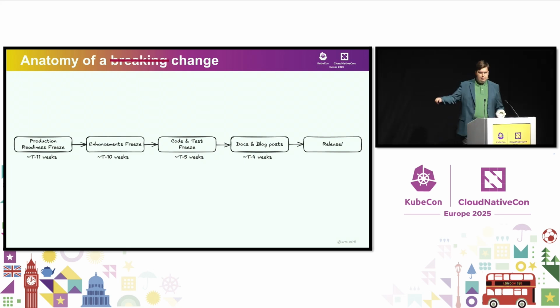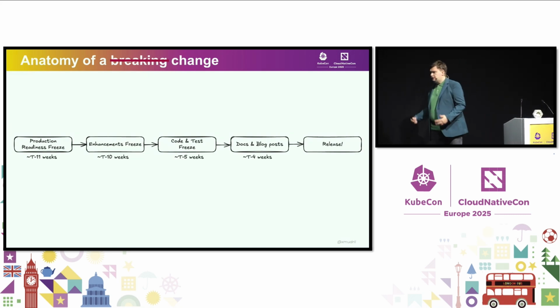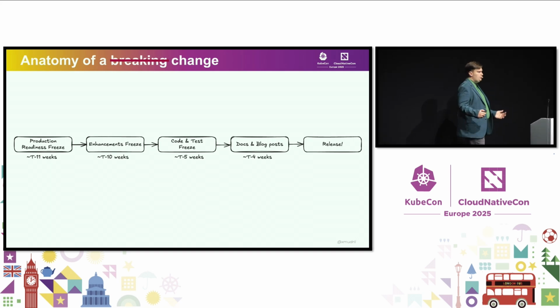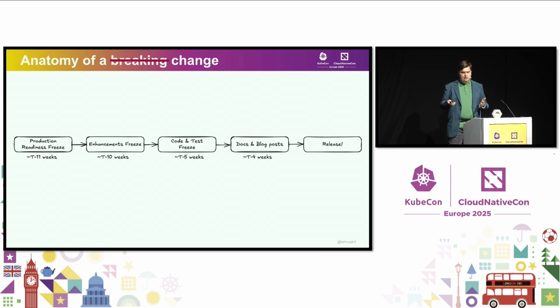Five weeks before the release is code and test freeze, where the code has to be done and merged, and the tests have to be done. Of course, if it didn't make it by then, it's probably not going to end up in the release. Then about 4 weeks before the release, we start publishing some of the blog posts and working on the docs and everything needed for the release. And at the end, we have our lovely release.